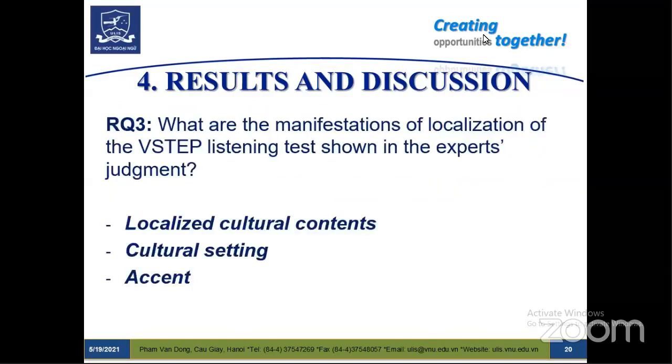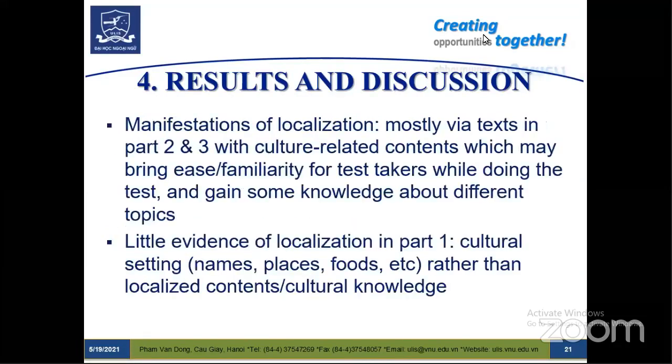So in short, according to the experts, there are three main features of localization for VSTEP listening tests: localized cultural content, cultural setting, and accent. Based on the item writers' reflection and the expert judgment, in terms of localization, it can be seen mostly via texts in part 2 and part 3 of the test with culture-related content.